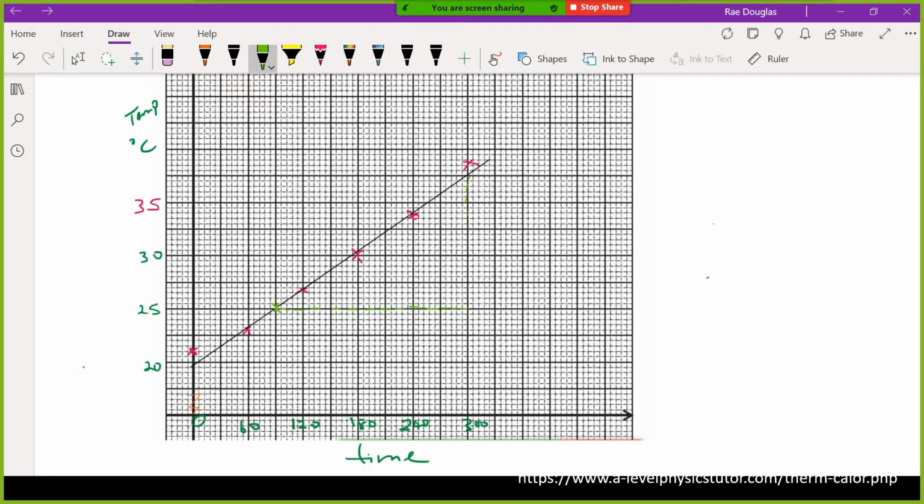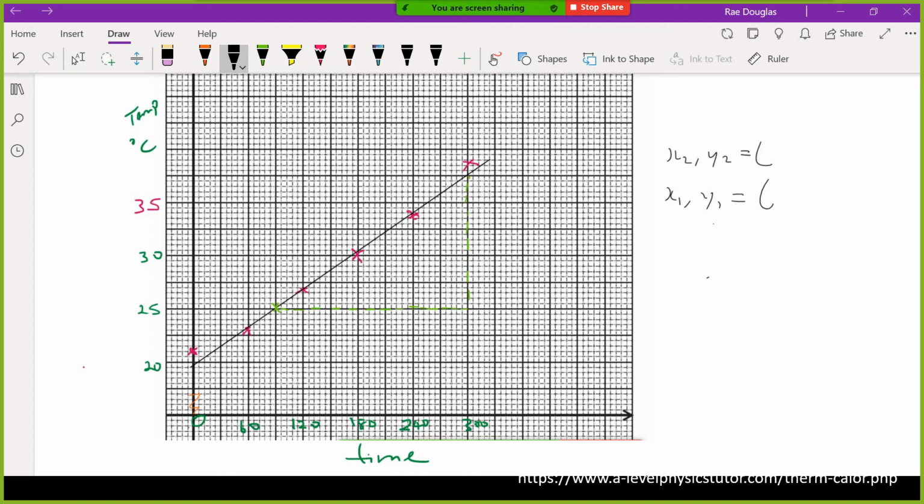So when you're doing your gradient, try to get some values that you can read off of your graph. So I could see it now. So my x2, y2, my x1, my y1. Let's see what those values correspond to be.